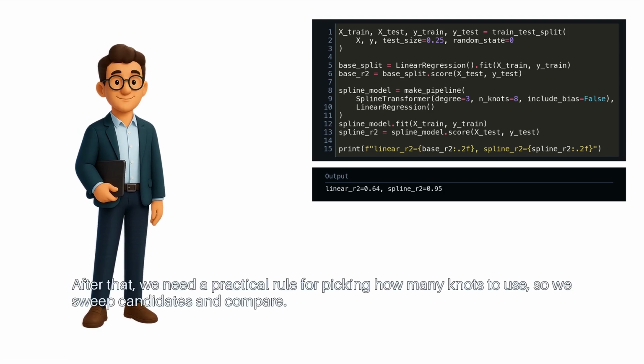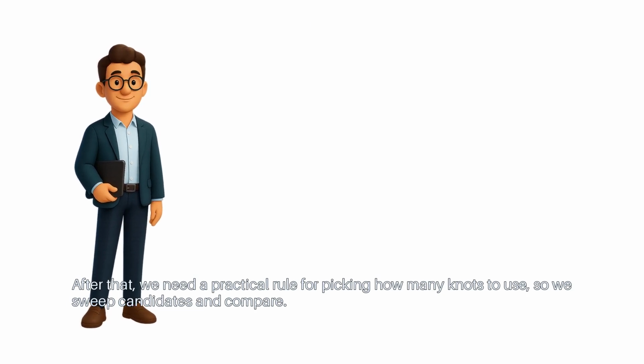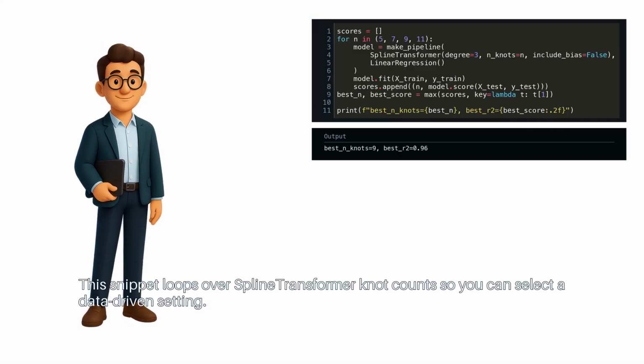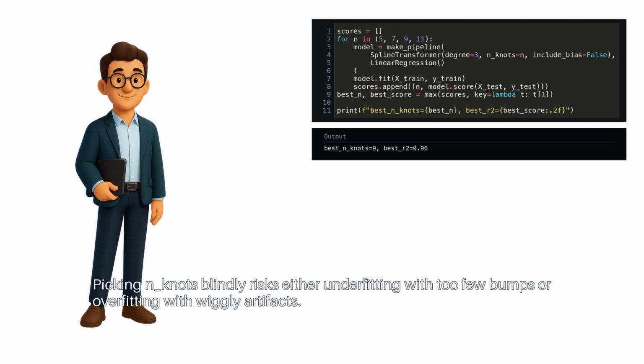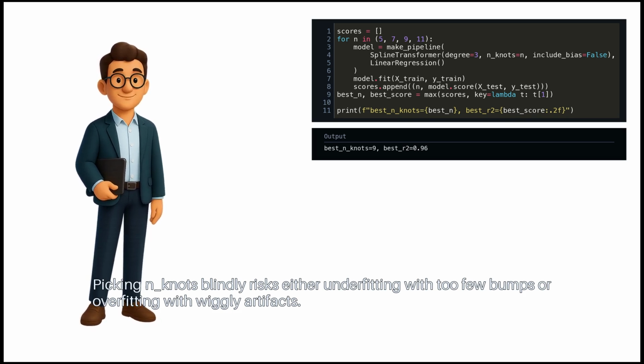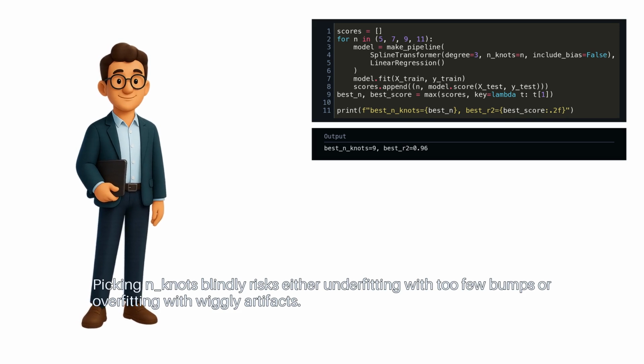After that, we need a practical rule for picking how many knots to use, so we sweep candidates and compare. This snippet loops over SplineTransformer knot counts, so you can select a data-driven setting. Picking n_knots blindly risks either underfitting with too few bumps or overfitting with wiggly artifacts.